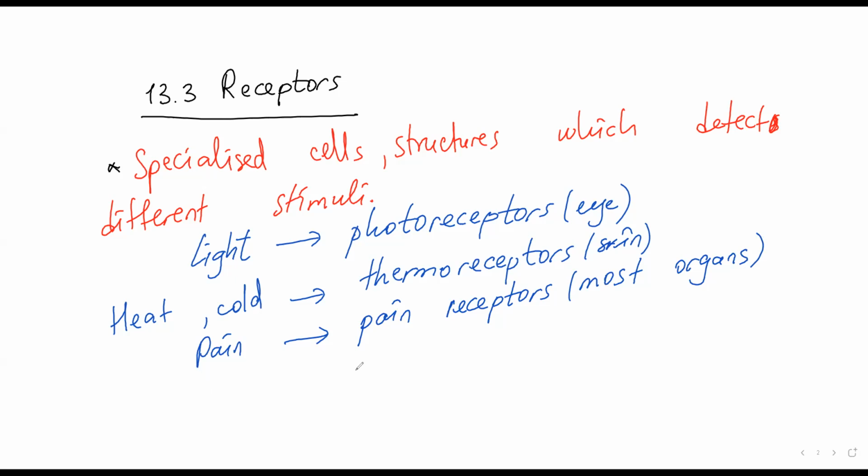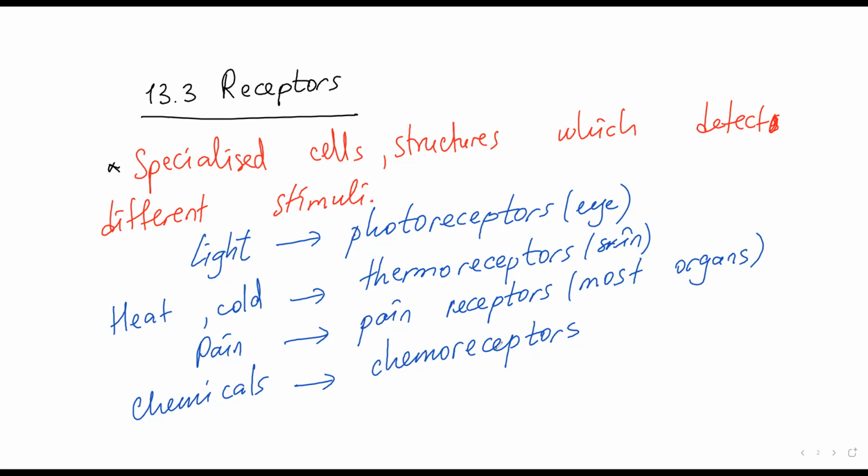We have also receptors like chemoreceptors. From the name, you can understand that they are sensitive to chemicals. In this case, stimuli will be different chemicals.